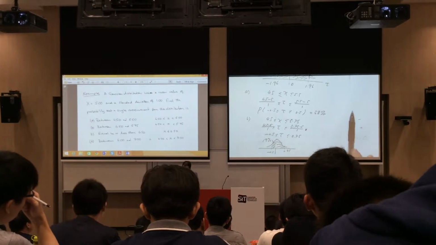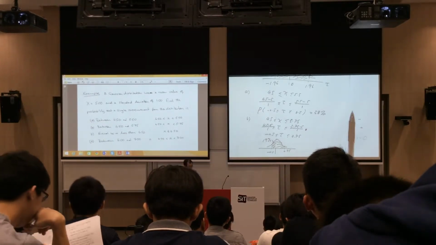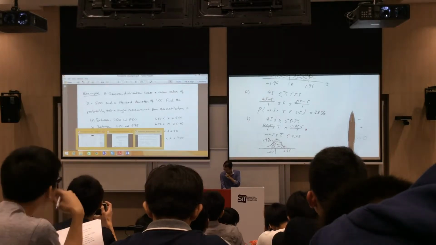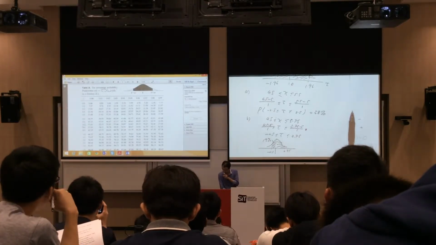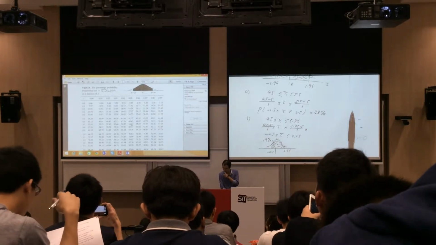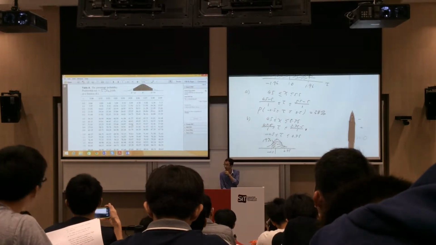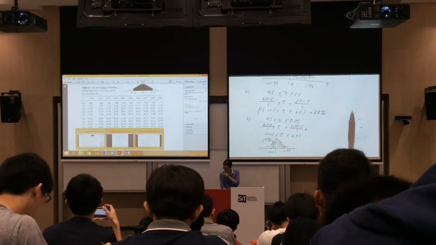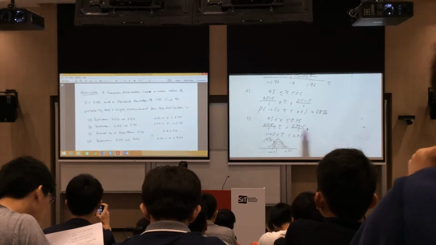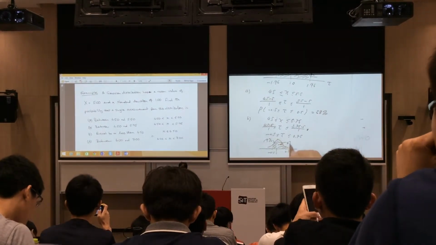You need to look at the table again. For 0.75, what do you have? For 0.75, 0.7 is here, and 0.75 is 54.6%. Half of it will be 27%.